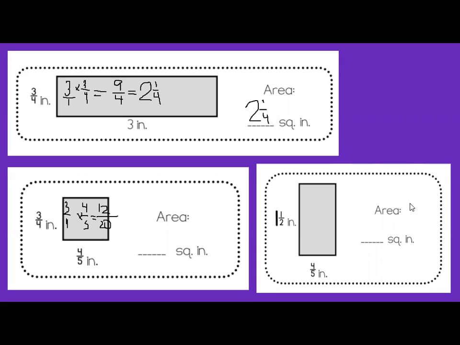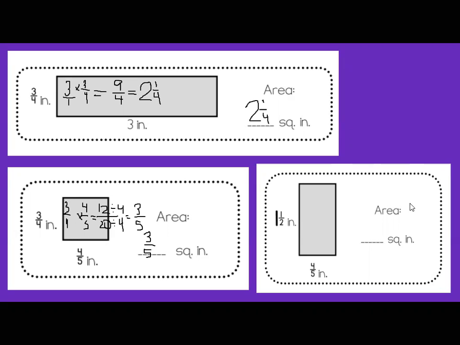We want to try to find the greatest factor that they have in common. I know that both of these numbers have 4 as a factor. So we can divide each by 4, and 12 divided by 4 is 3, and 20 divided by 4 is 5. So that gives us an area of 3/5 of a square inch.